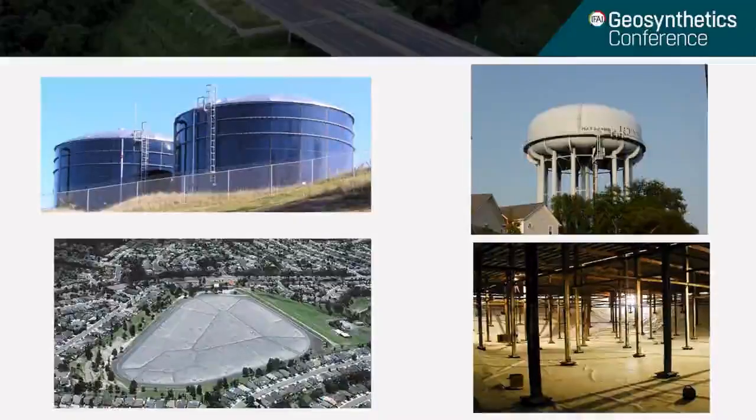There are various methods and systems used today to store large quantities of potable water or irrigation water. These include above ground steel or concrete tanks, steel or concrete towers, underground concrete clear wells, and open-top reservoirs with geosynthetic floating covers.